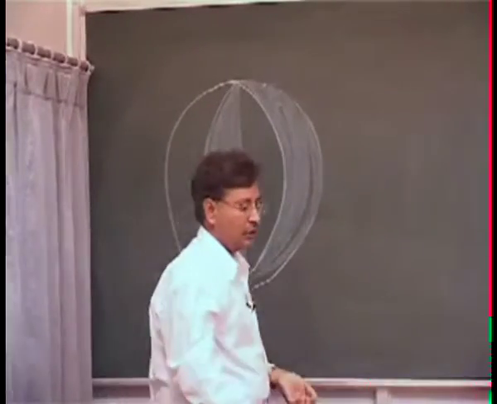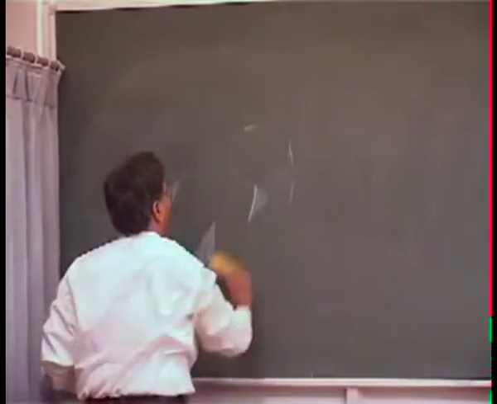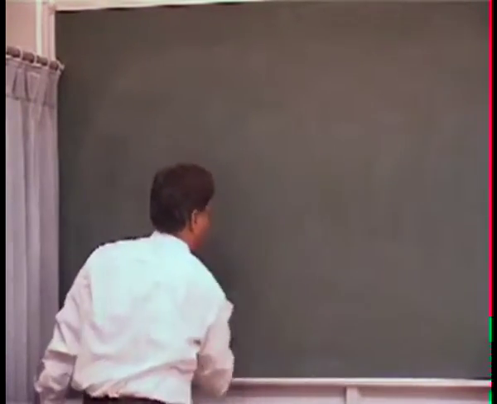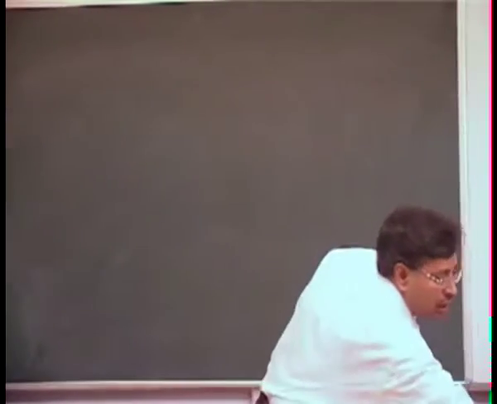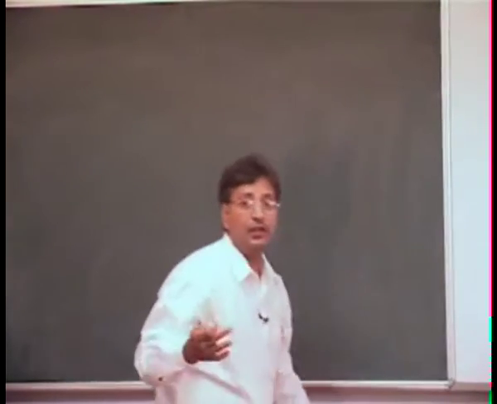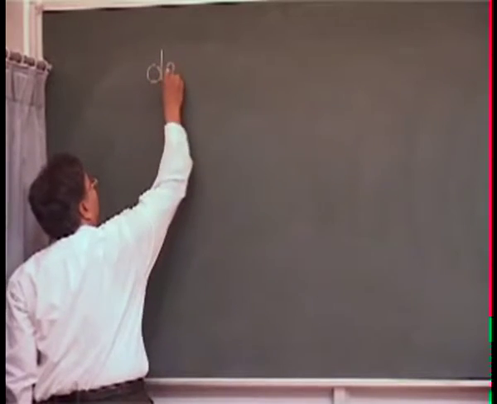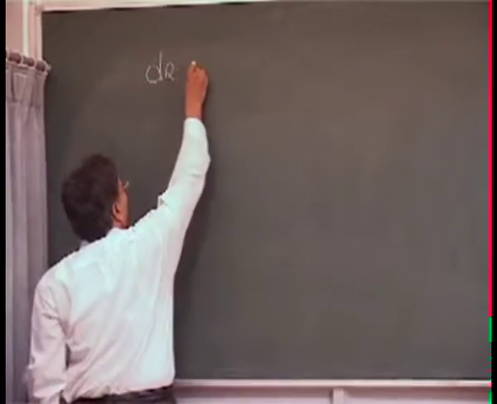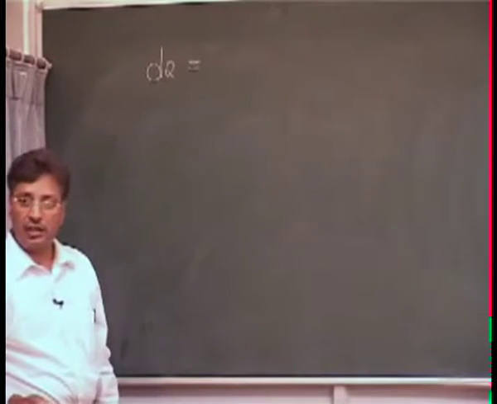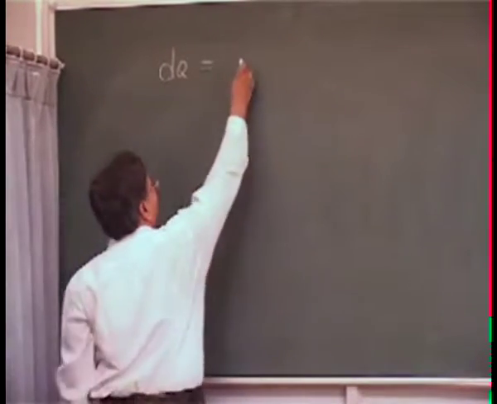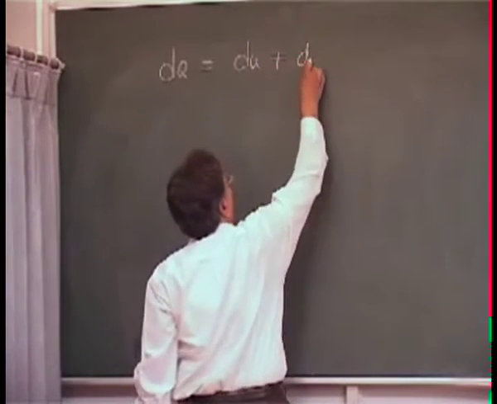So we will try, with the help of physics and the laws of thermodynamics, to address this. I'll go a little fast because you have done all this in high school. The change in internal energy and the work done, which we represent as dU plus dW.